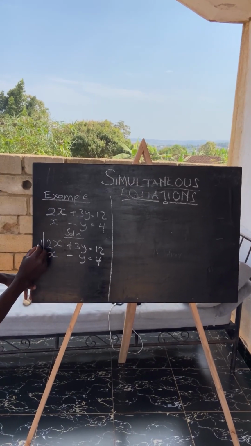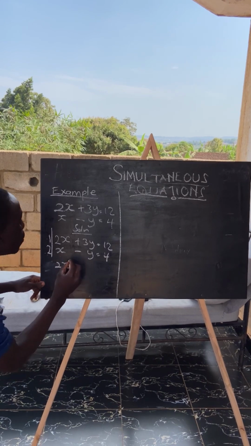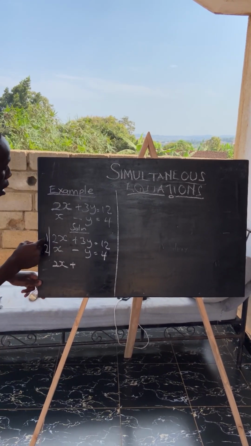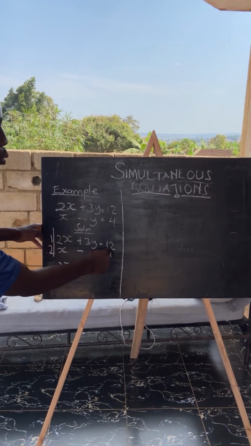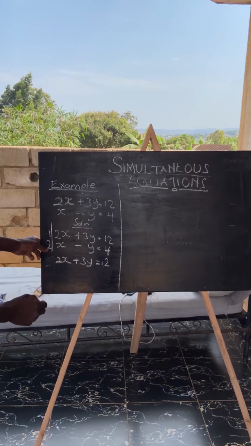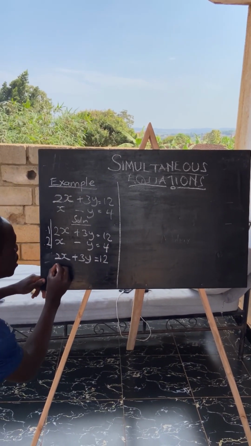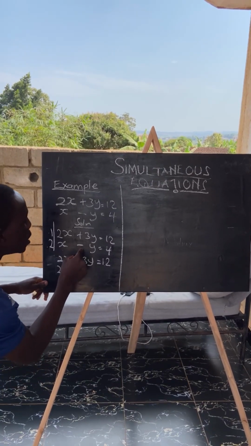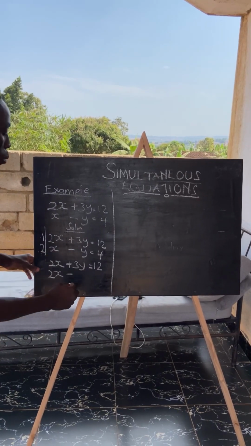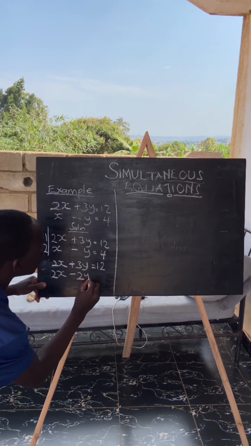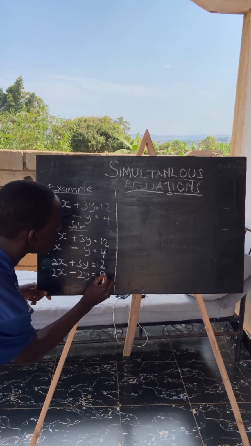So we'll multiply 1 throughout, which will be 1 times 2x, which is 2x, plus, since it's a positive here, 1 times 3y, which will be 3y, equaling to 1 times 12, which will be 12. And then if we come down here, we multiply through by 2, which will be 2x, minus 2y, equaling to 2 times 4, which will be 8.